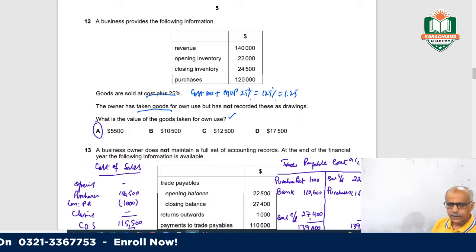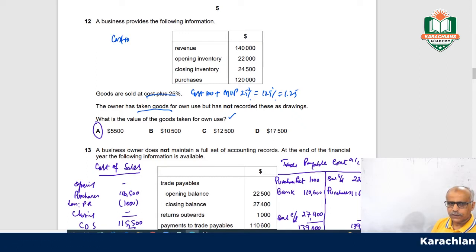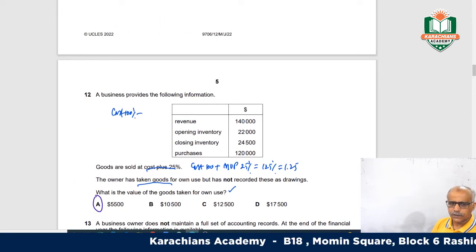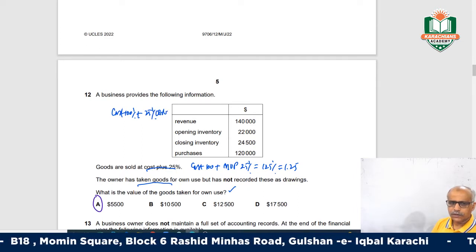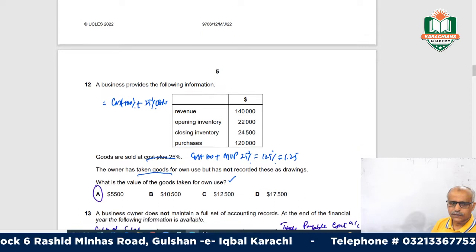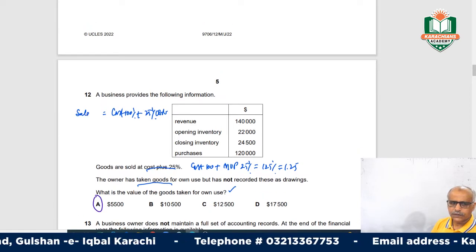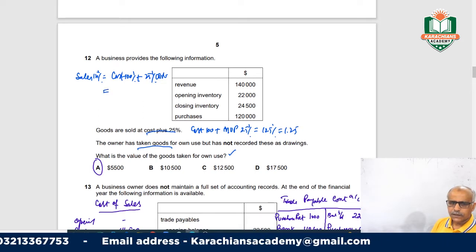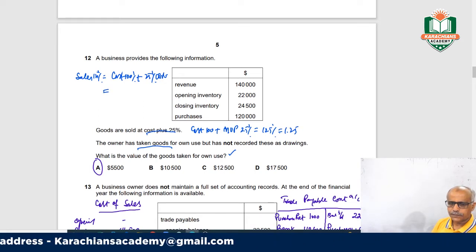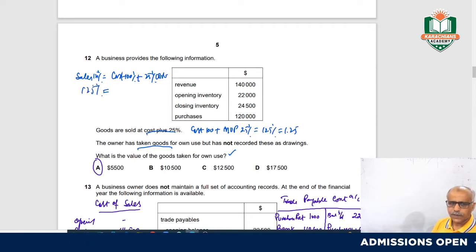Number 1, we know cost is 100%, markup is 25% of cost, and this is sales, which is 125%.